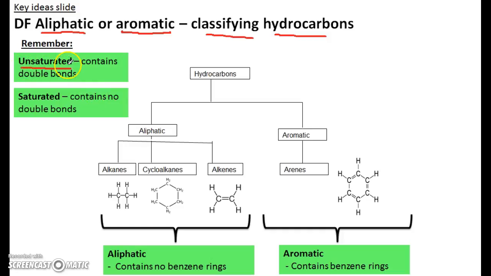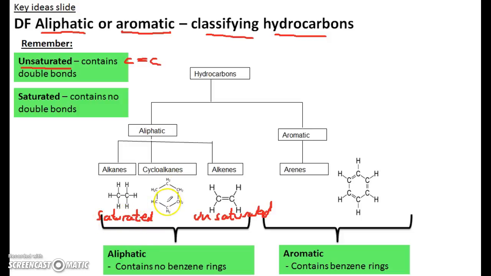You'll remember the term unsaturated, and this means that a molecule contains carbon double bonds. Saturated molecules contain no carbon double bonds. So looking at the three molecules here, alkenes here are unsaturated and alkanes are saturated.